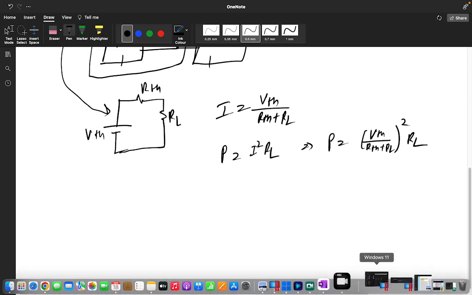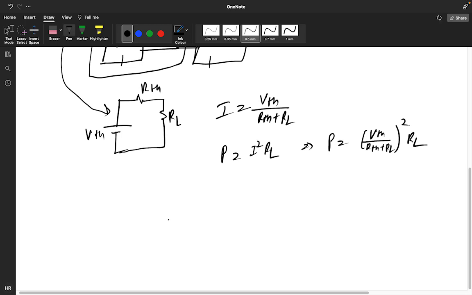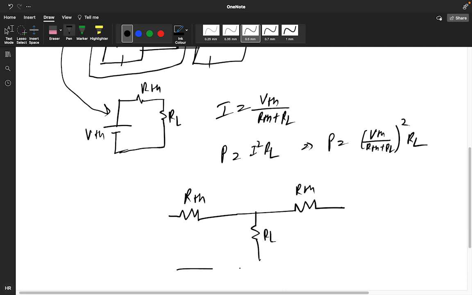So guys, suppose now the circuit is becoming like this. You have RTH this side also, and you have RTH this side also. Both are connected with the RL load.